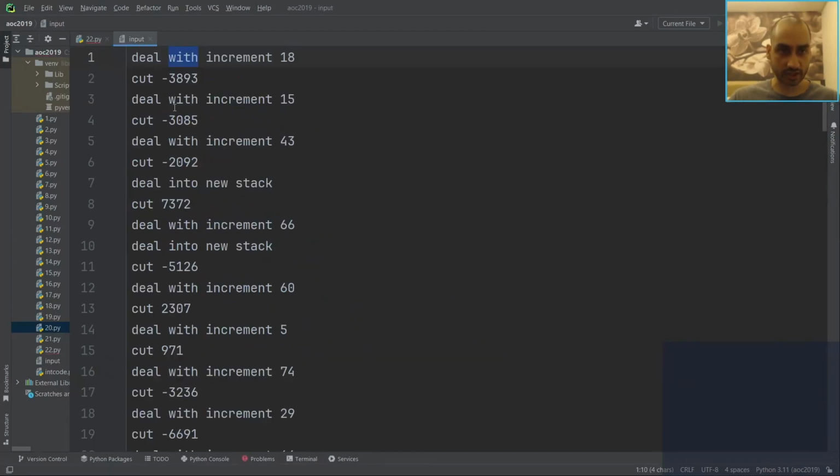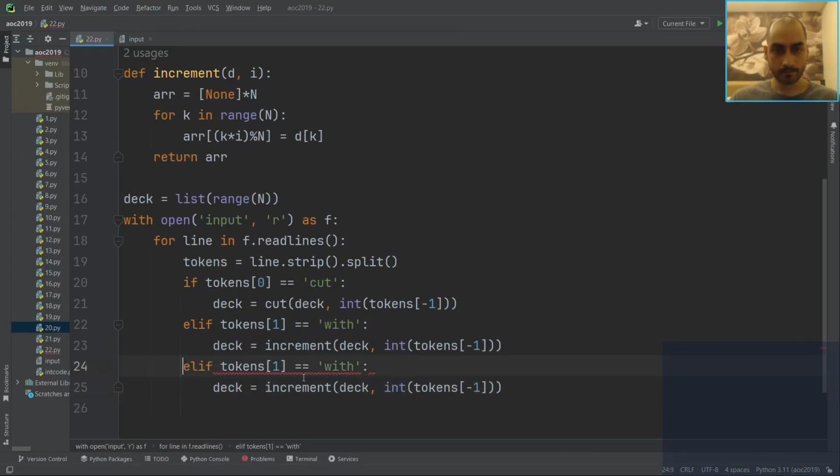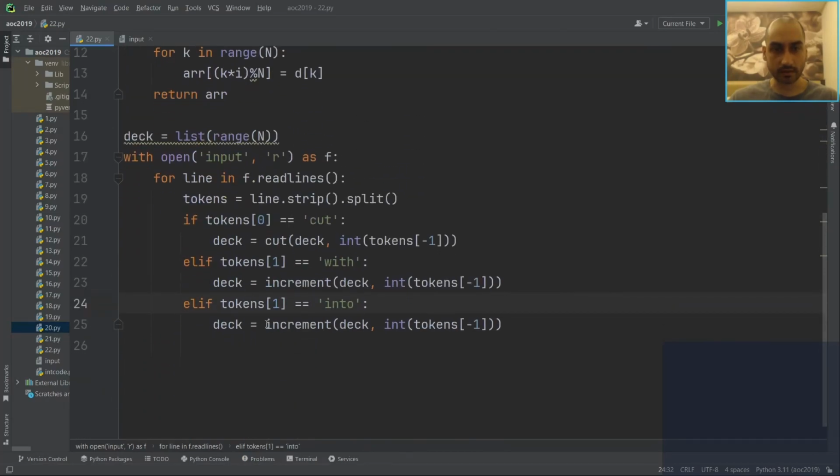We don't need to check the last case, but do it anyway. Into new stack, deck equals new stack. Alright.